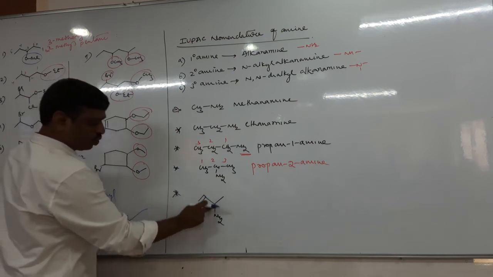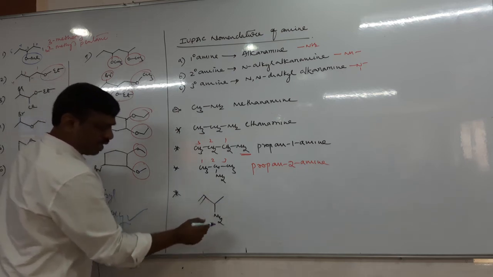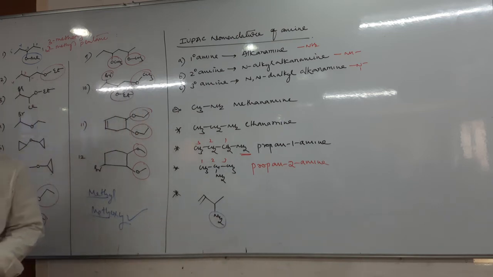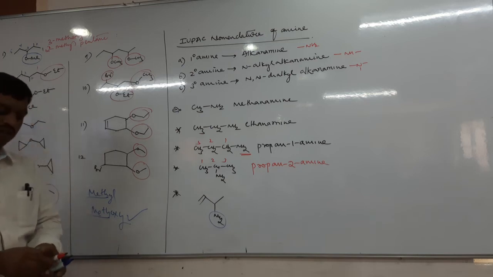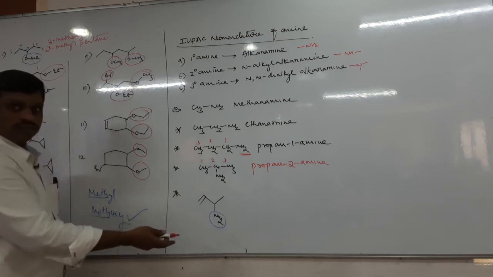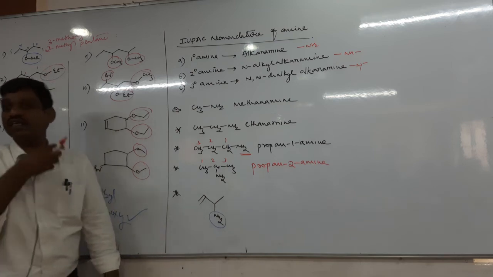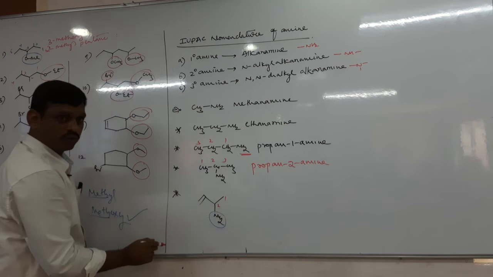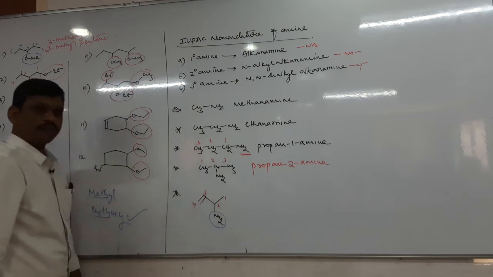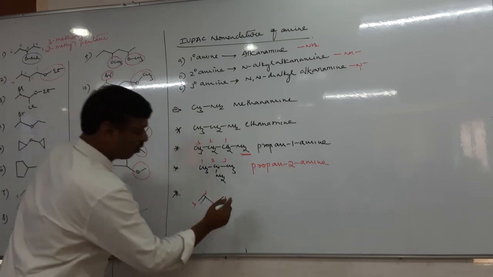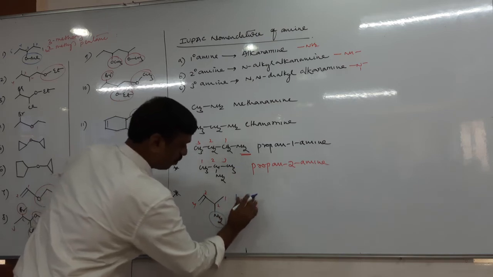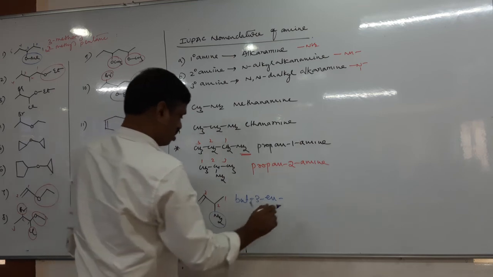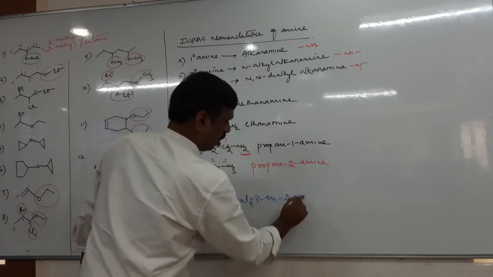It is 1, 2, 3. From this side 1, 2. Tell me first, NH2 is a functional group. NH2 is a functional group. There, yes or no? More priority is given to the NH2 because the double bond comes at the end, double and triple. So therefore it is 1, 2, 3, 4. So therefore it is a butane. But 3-en-2-amine.